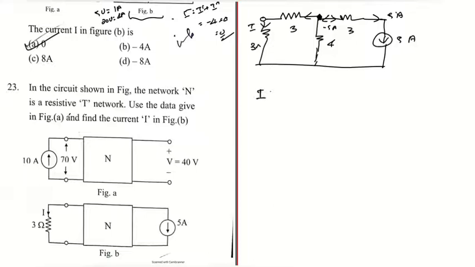So to find I, I am going to use the current division principle. It will be minus 5 into 4 divided by 3 plus 3 plus 4, which is equal to 20 divided by 10, equal to minus 2 ampere.